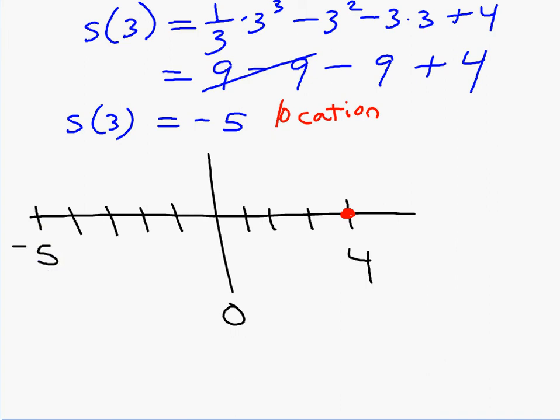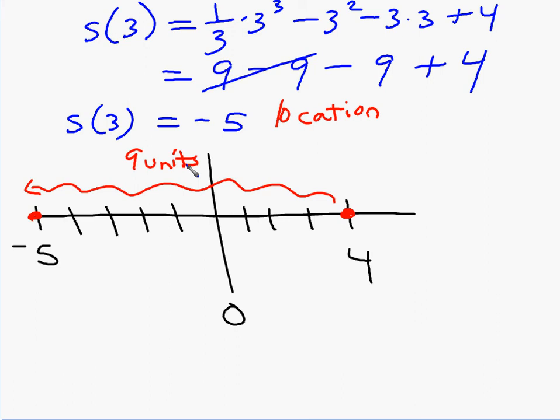So now my particle is sitting right here. How far did it travel to get there? 9 units to the left, right? And that is its location at time 3. Its location right now at time 3 is -5, and we know it's going to start going back to the right because this was where the velocity was 0.